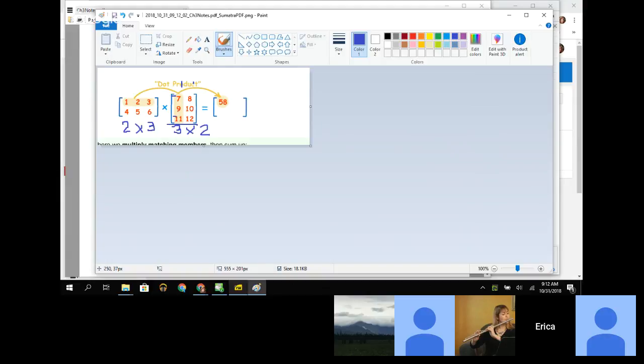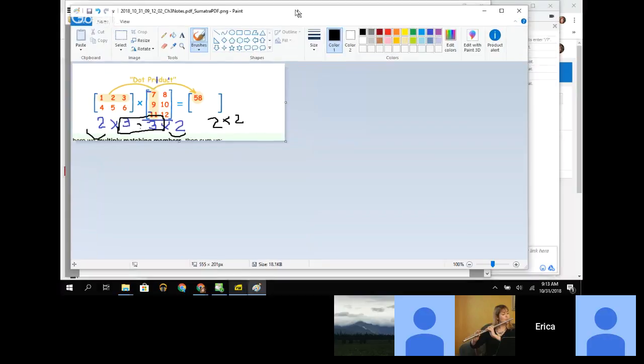So in order to be able to multiply two matrices together, the number of columns of the first has to equal the number of rows of the second, which it does, right? We have 3 columns in our first and 2 rows in our second. So those match up. These two have to match, okay? And then your end resulting matrix is these outside numbers here. So our answer is going to be a 2 by 2 matrix.